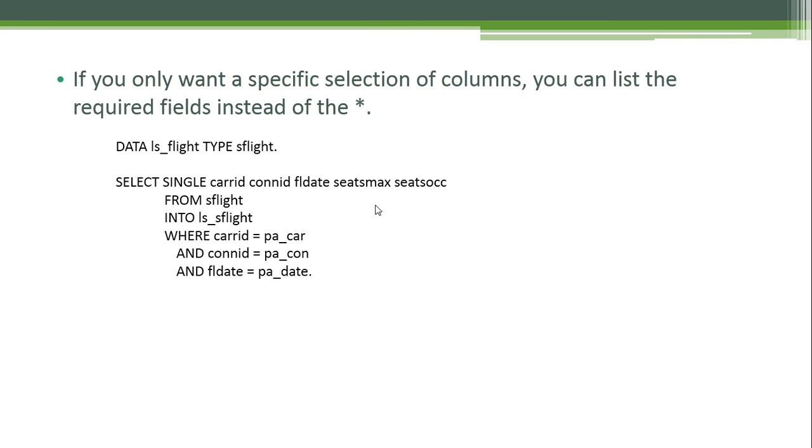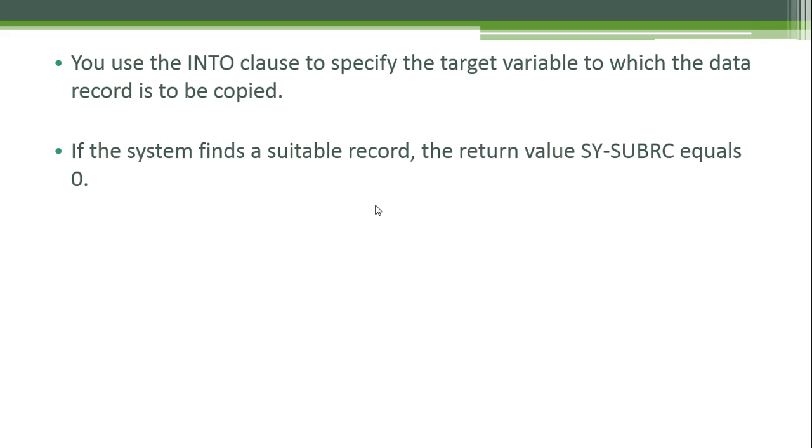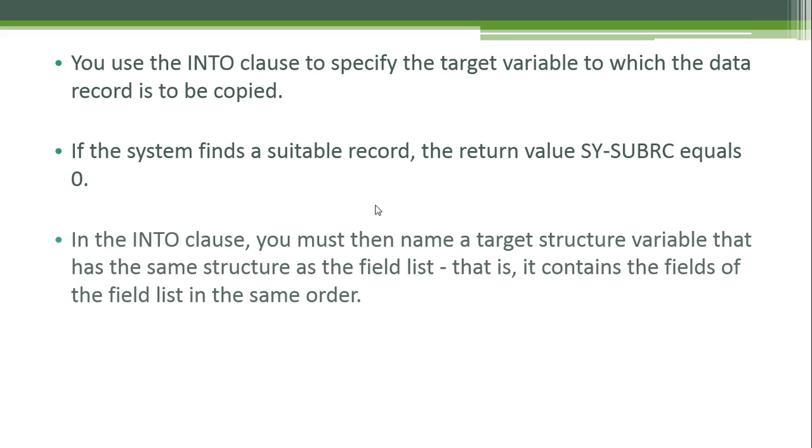If you only want a specific selection of columns, you can list the required fields instead of the asterisk. You use the into clause to specify the target variable to which the data record is to be copied. If the system finds a suitable record, then the return value sy-subrc equals 0.